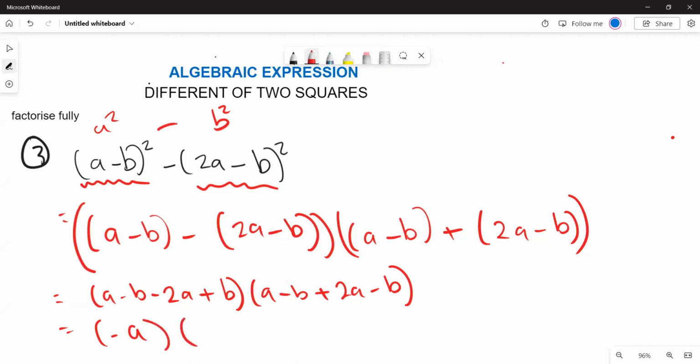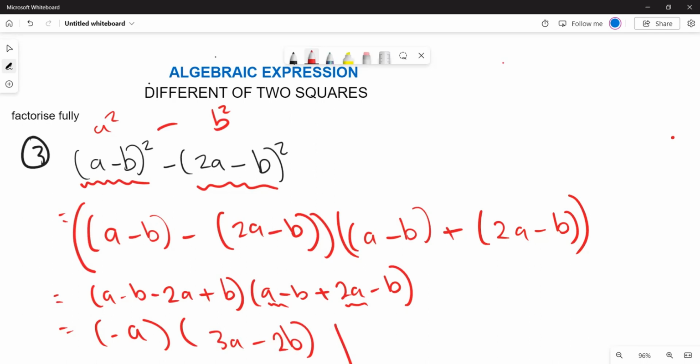Let's look at this side. What are we going to have? If you collect the like terms, this is going to give you 3a, and negative b and negative b give you negative 2b altogether. So to simplify this further, you can still take out the a here.